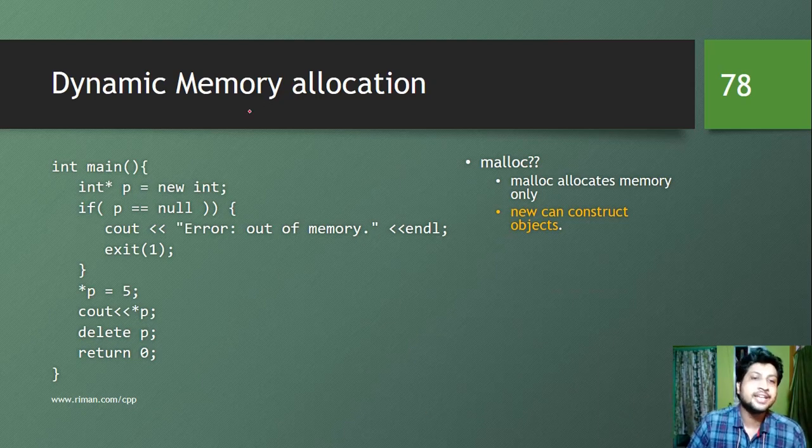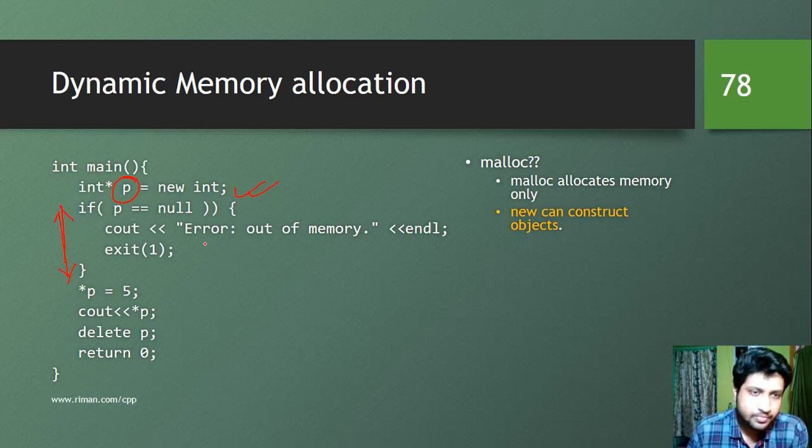So we have created an integer variable, and this particular part is important. Whenever you try to create a dynamic memory, you should check for this particular error. After executing int p is equal to new int, if you find that p contains the value null, that means there is some error and we cannot allocate that particular memory.